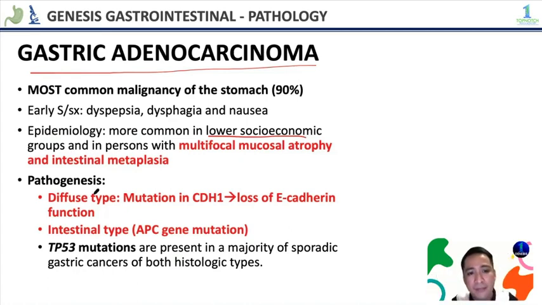In the diffuse type, there is mutation in the CDH1, loss of E-cadherin function, and in the intestinal type, the APC gene mutation. Remember the guardian of the cell, the TP53 mutations are present in the majority of both types of histologic gastric carcinomas.